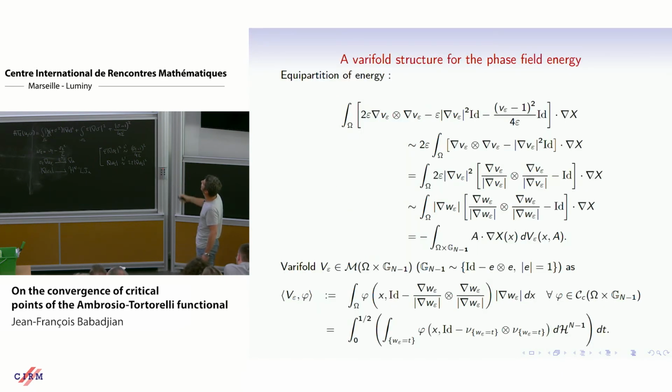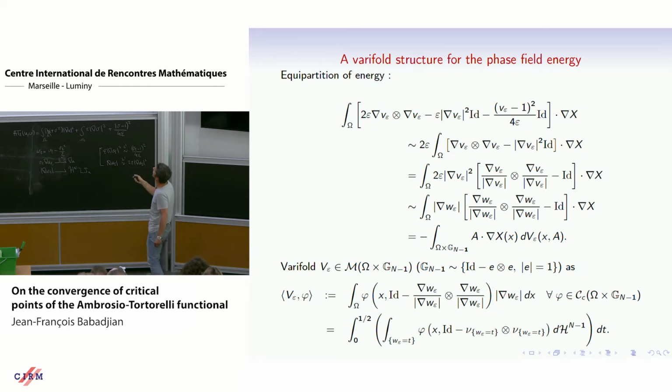And now I will use the statement on equipartition of the energy. There are several steps. In the first step, passing from here to here is just saying that this term, thanks to the equipartition of the energy, is equivalent to this term. This is what I wrote here.